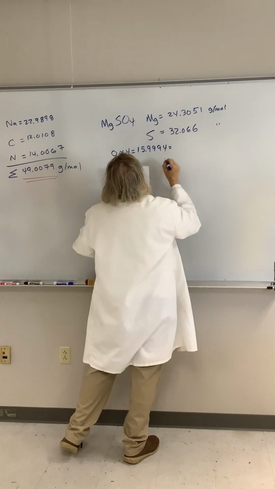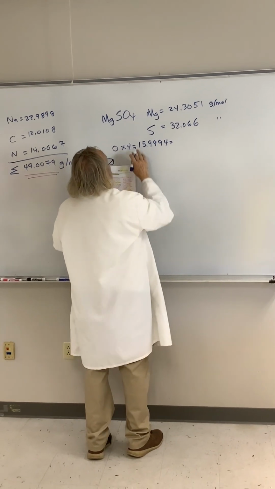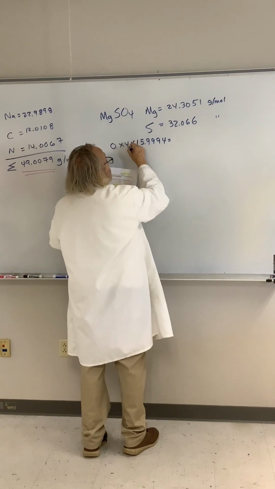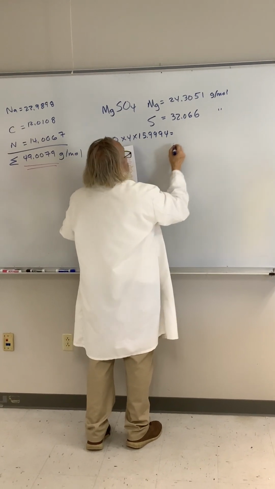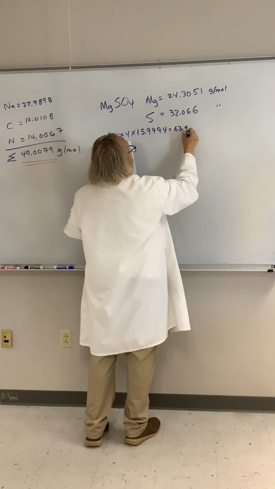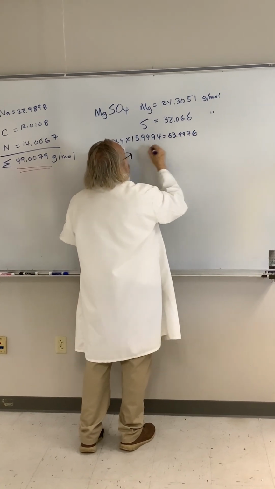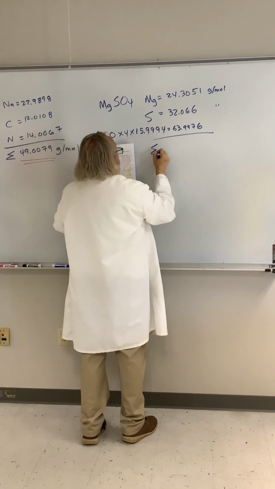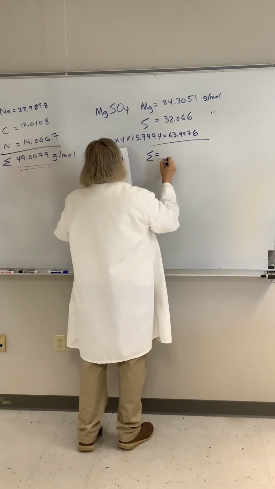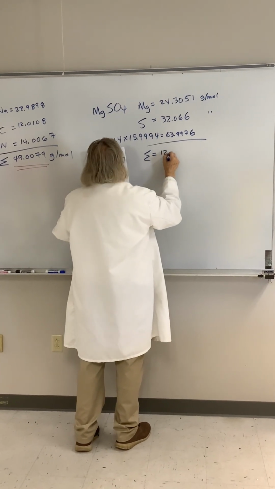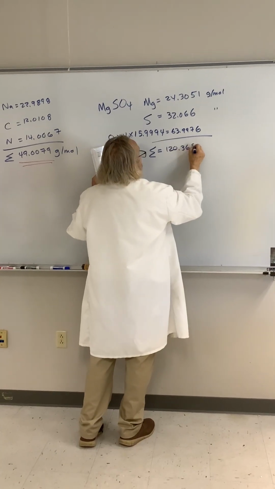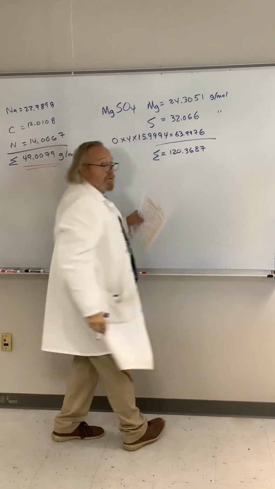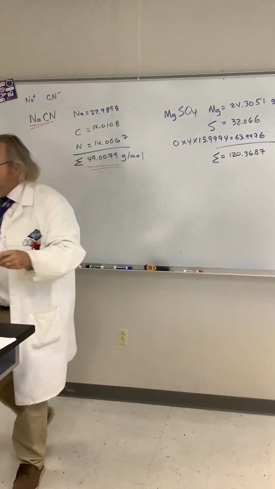And 4 of those would be 4 times that, is equal to, as before, 63.9976. And when you sum this, our formula weight for this compound is 120.3687 for our anhydrous magnesium sulfate.